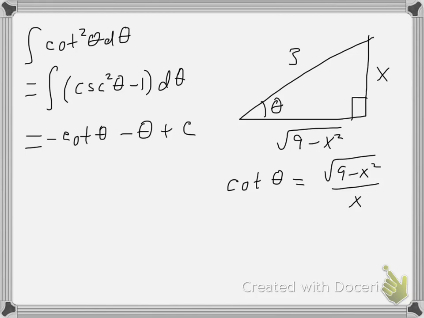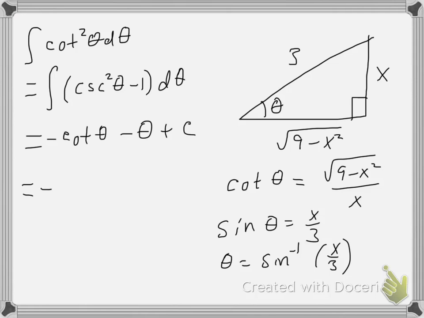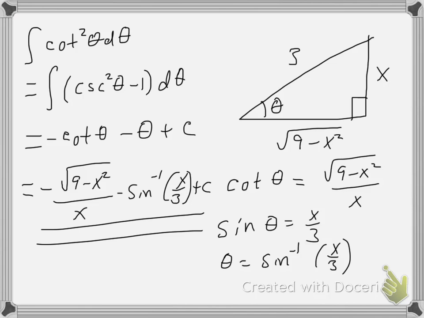Since the sine of theta is equal to x over 3, we have that theta is equal to the sine inverse of x over 3. And so the final answer for this will be negative the square root of 9 minus x squared over x, minus the sine inverse of x over 3, plus an arbitrary constant c.